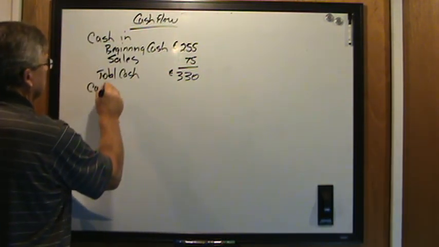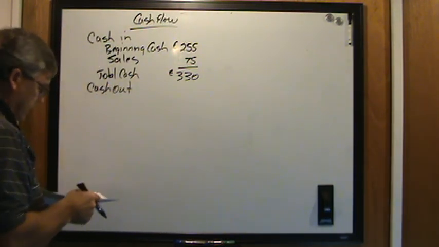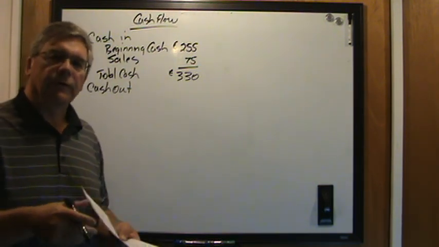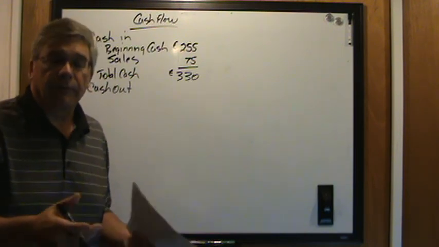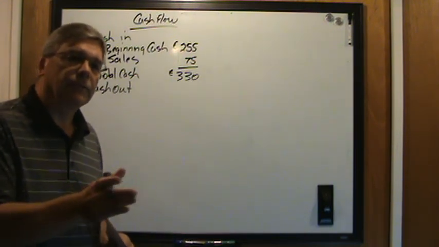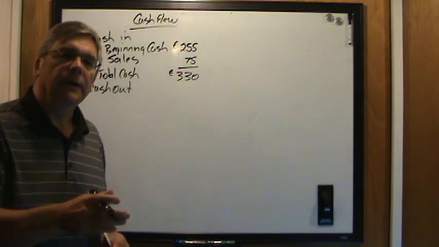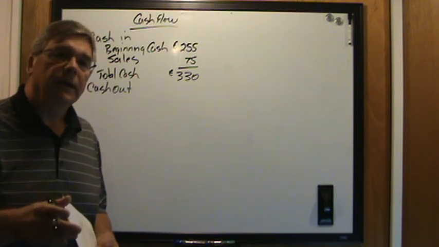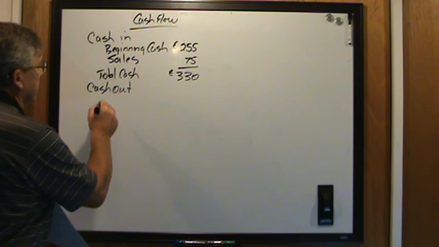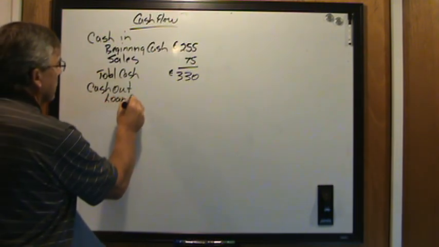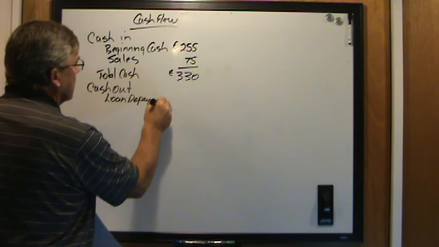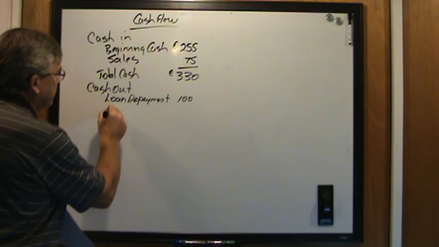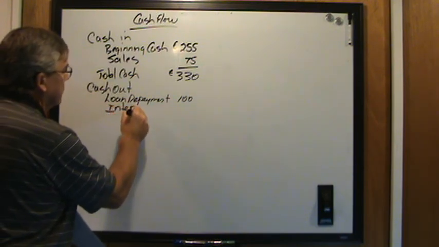Cash out. Remember, we have already paid for the shirts and the logos in the first 2 days. In fact, we paid them in the first day. So that cash was gone and taken into account then. So the only real payment that we have in terms of cash going out in day 3 is to repay the loan. So we have loan repayment of the 100 euros that we borrowed, plus we have interest on the loan of 10 euros.